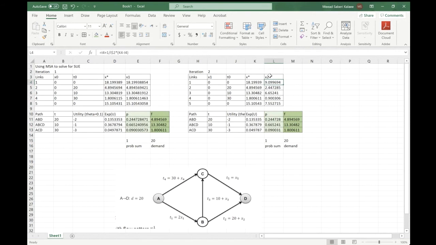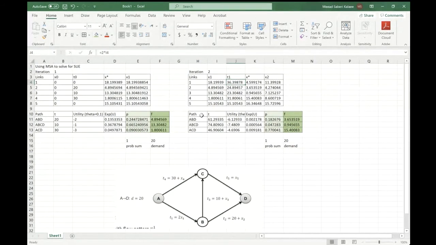Let me see if the travel times x1s need to be updated. So these are x1s. Yes, good. Let's check. So I have x1s correct. Let me also call this t1. So t1s, they have the right formula.